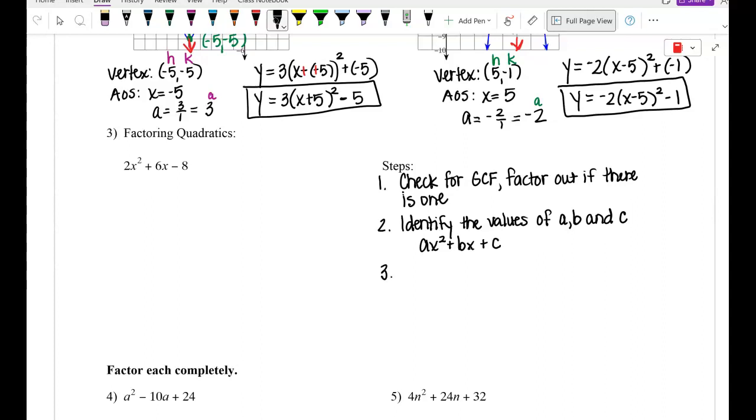Three, we're going to use the X method to find the factors.